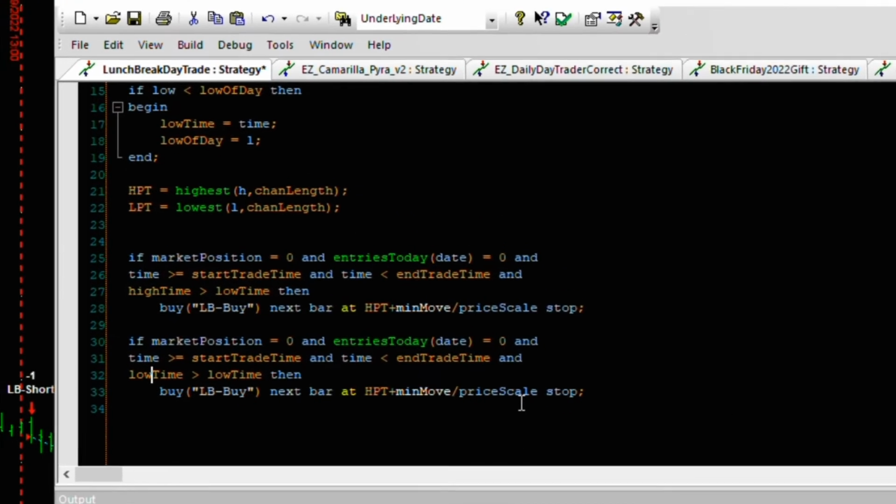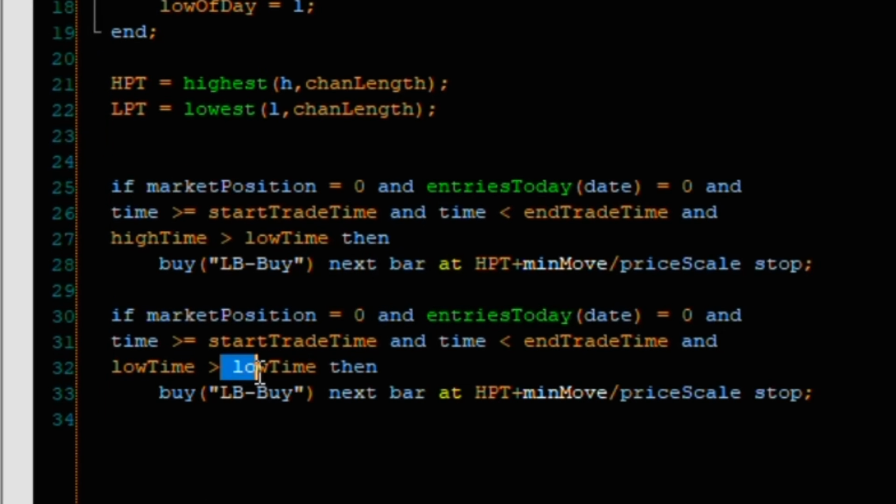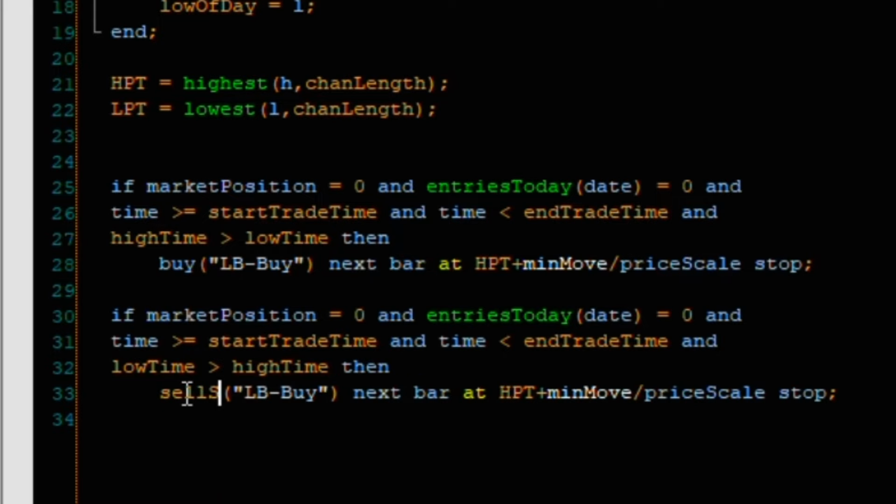See how everything is somewhat symmetrical? If low time is greater than high time, we're going to sell short. We're going to call it lunch break sell short. Next bar at L point minus min move divided by price scale on a stop.